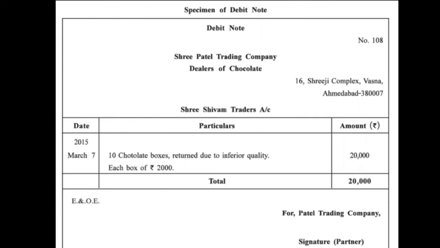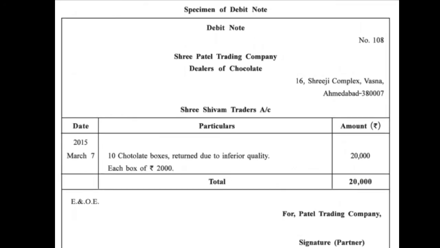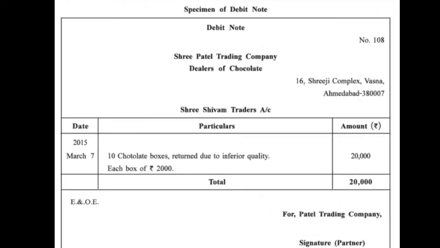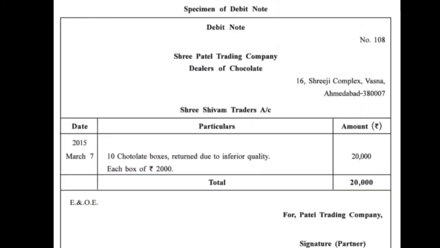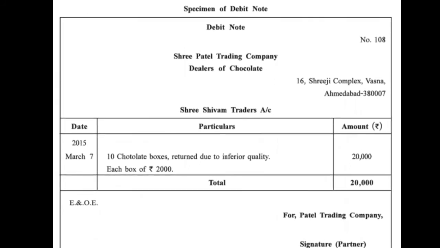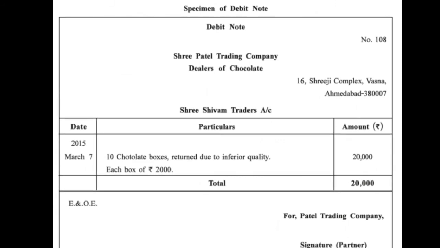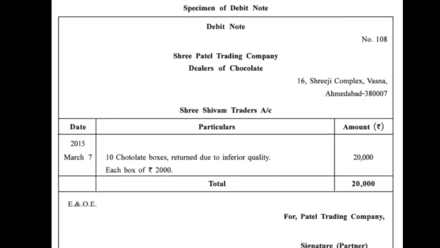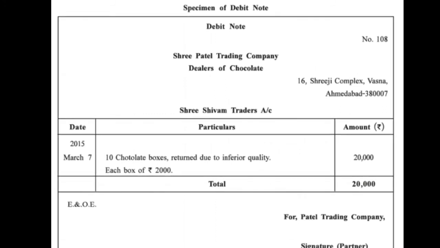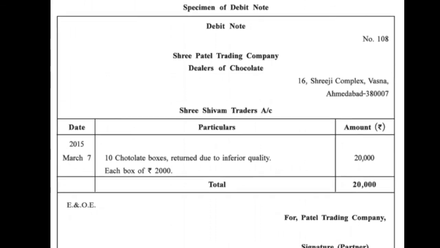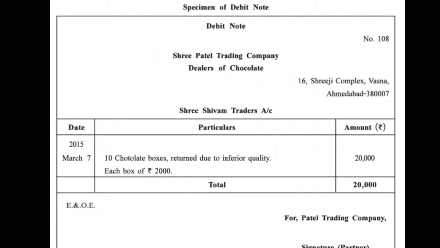Now this debit note is sent while returning purchased goods which are not as per sample or of inferior quality or are damaged, or if the invoice received by the purchaser, that is us, is more or less than the goods obtained, or the bags or containers are empty and have to be returned for refund, or any discount if available.